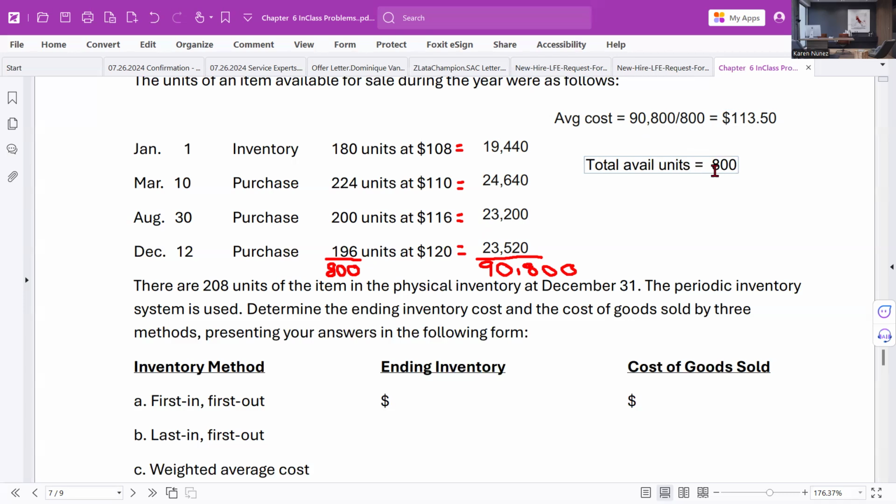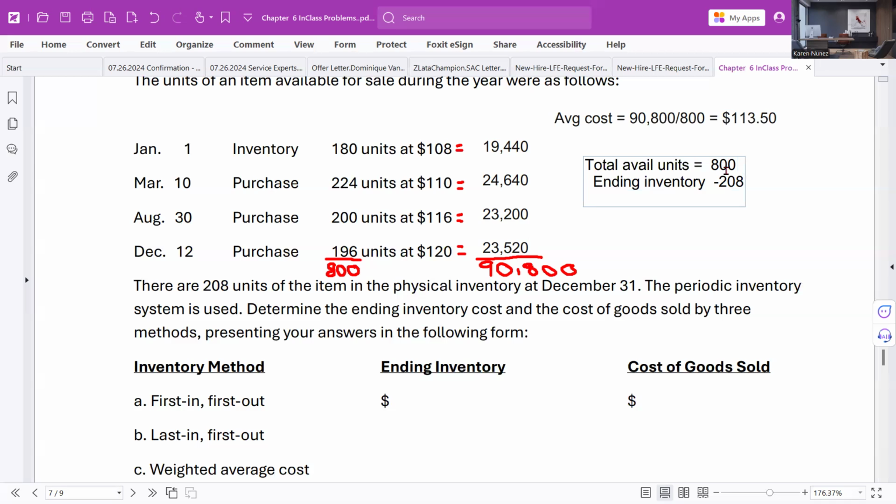And the ending inventory is only 208 units.